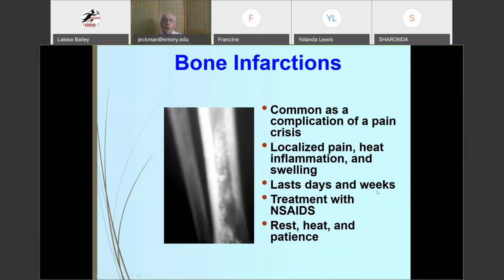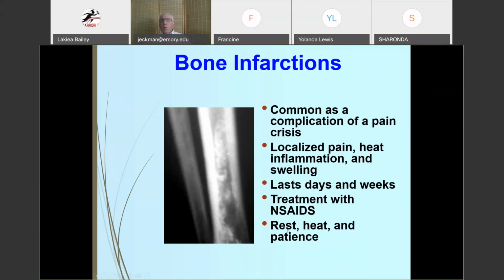And the pain is significant, and it is something that is uncomfortable, and individuals don't understand why their pain crisis isn't going away. The treatment is with non-steroidals. They really do target the kind of pain that occurs when the bone is not getting enough of a blood supply, and they are really the best treatment for bone pain.